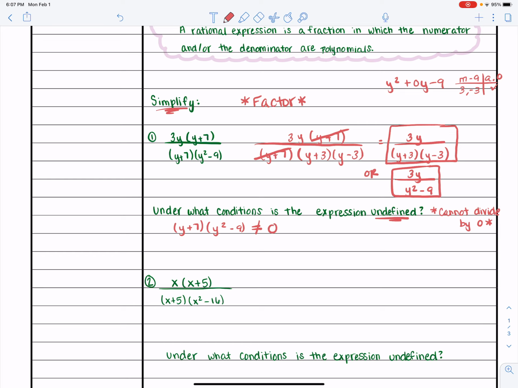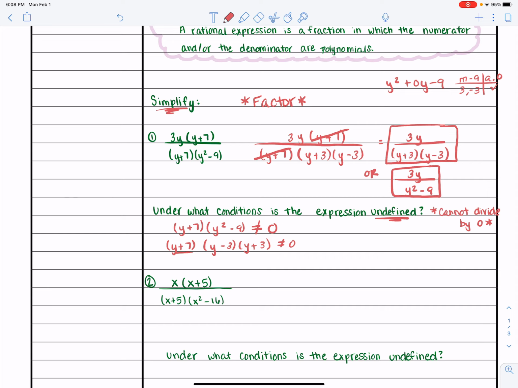So in order to do that, we need to find all its factors. I already factored. I know that one factor is y + 7, and I know that y squared minus 9 was (y minus 3)(y + 3). All of that cannot equal 0. Well, if I made y + 7 equal to 0, the whole thing would be 0 because we'd be multiplying by 0.